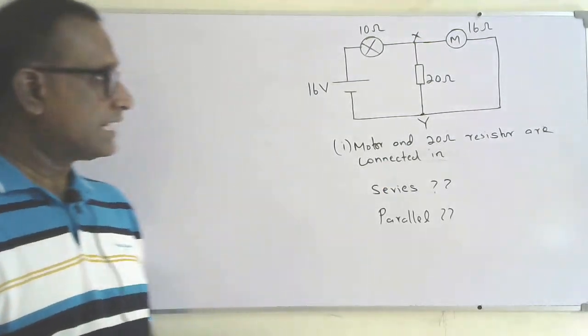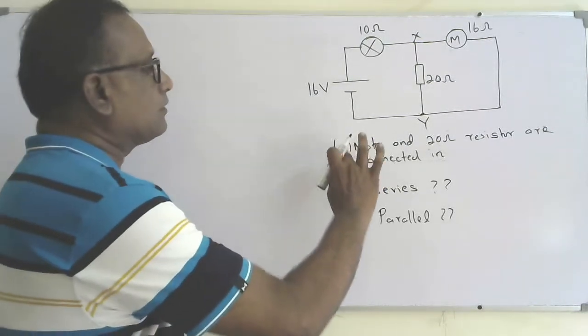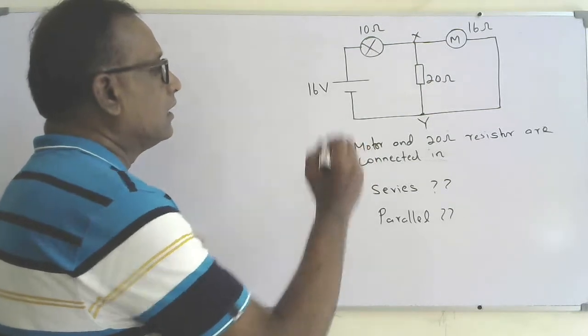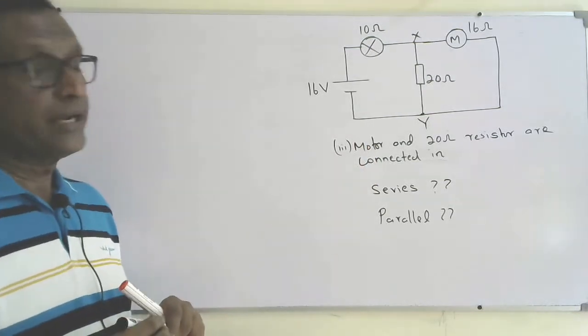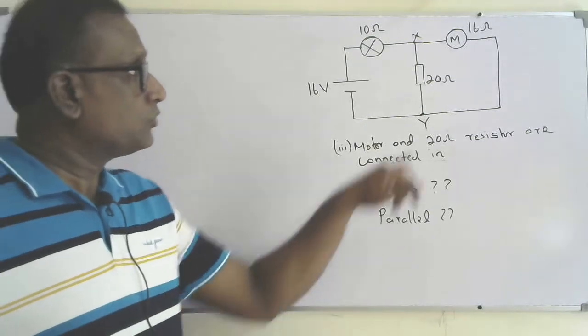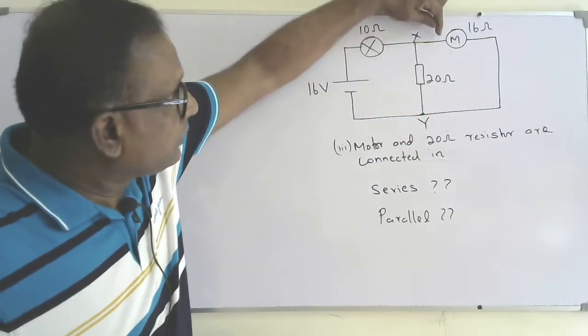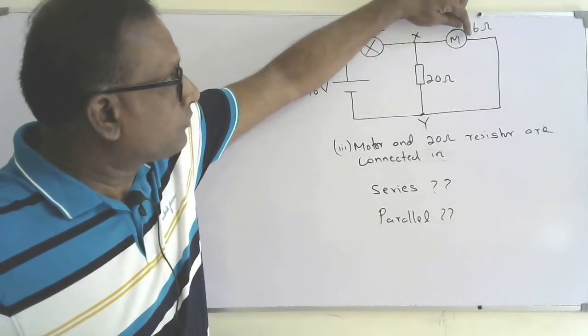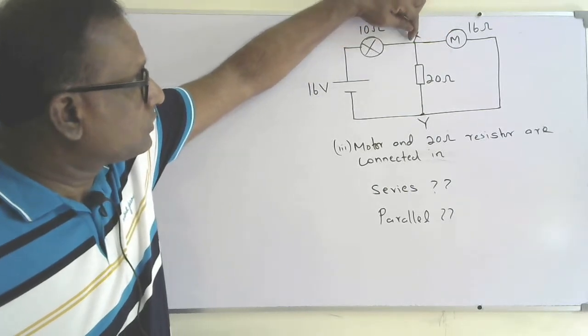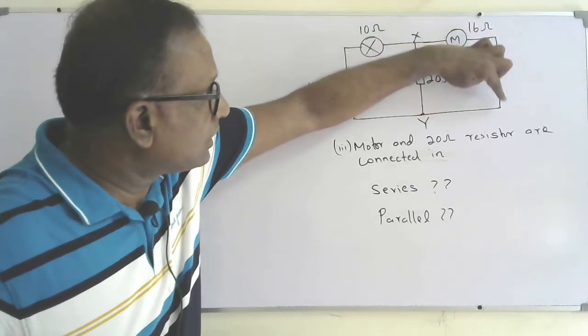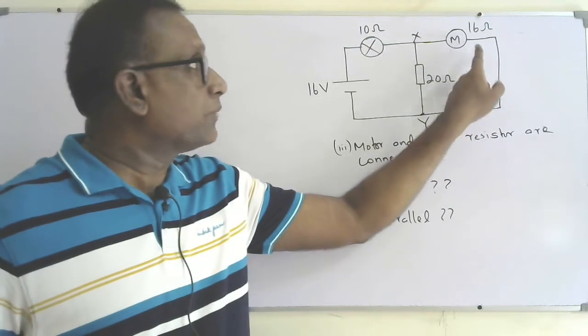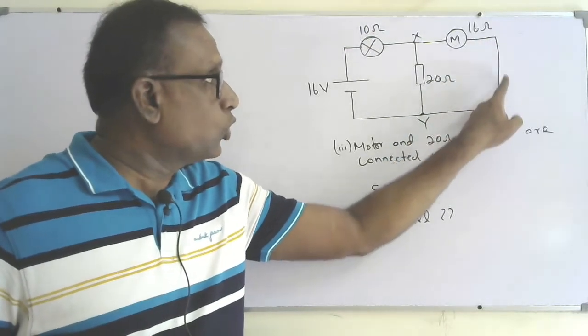Okay, now the same circuit again. The third question: how are the motor and the 20 ohm resistor connected? Now you can see that the two terminals of the motor are directly connected to junction X and junction Y. The Y is bending, but this wire is directly connected, there is no component here.